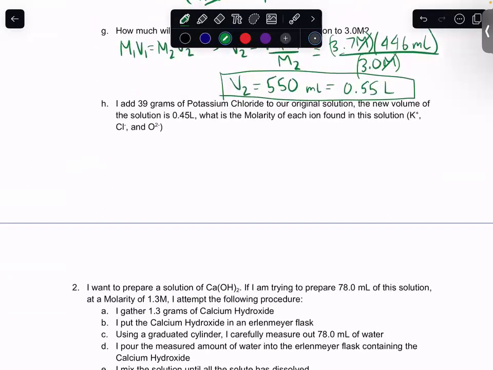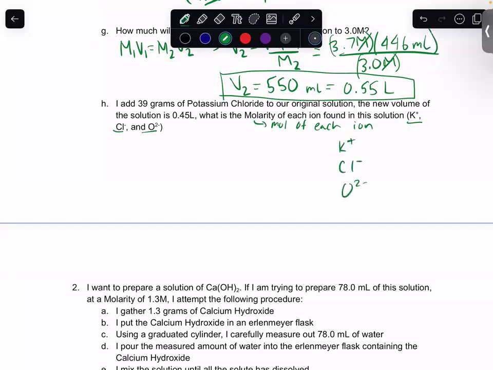All right, part H. I add 39 grams of potassium chloride to our original solution. The new volume of the solution is 0.45 liters. What is the molarity of each ion found in the solution? And we're looking at K, Cl, and O. Well, to figure out the molarity of each ion, we first need the moles of each ion. I'm going to write that over here. So our ions are K+, Cl-, and O2-.